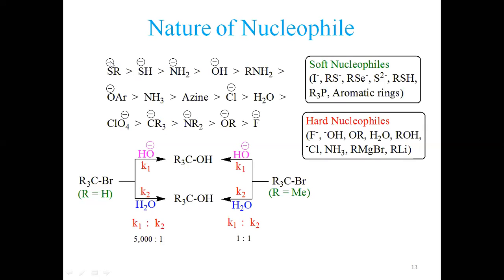So it is making this negative charge more stabilized on sulfur. If it is hydrogen, hydrogen is neither electron donating nor electron withdrawing, so it is not going to affect to a larger extent. So that's why SH negative is less nucleophilic than SR negative, right?